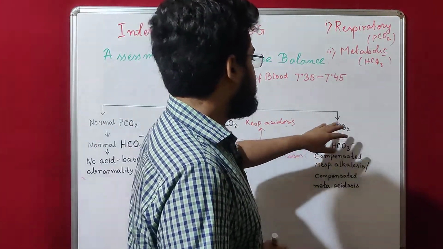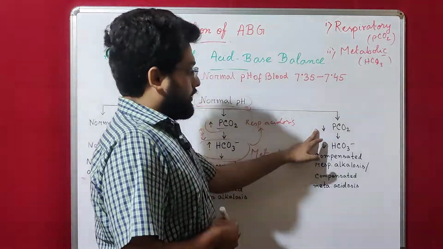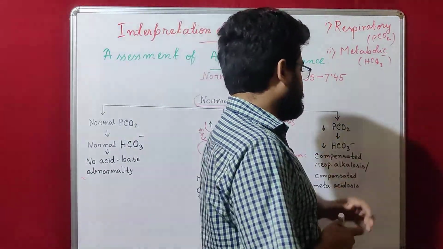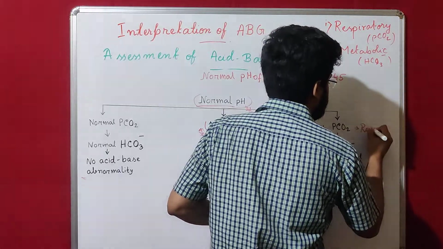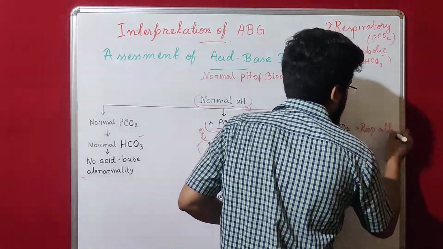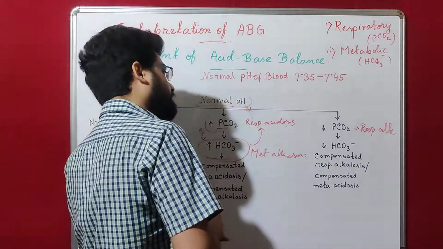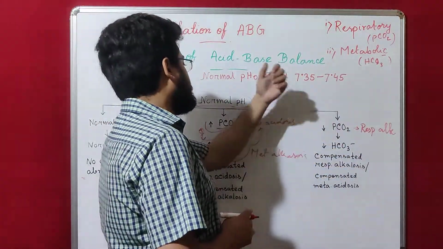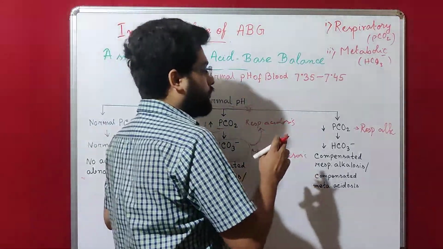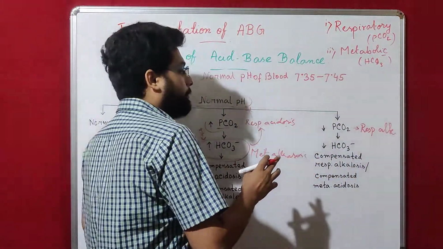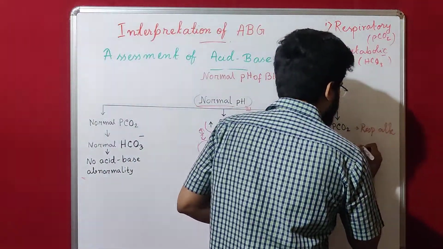And same as the next one, the next chance is PCO2 is low. That means there is obviously respiratory alkalosis. Again, with respiratory alkalosis, normal pH is not possible, and so the only chance is that bicarbonate ion is decreased.